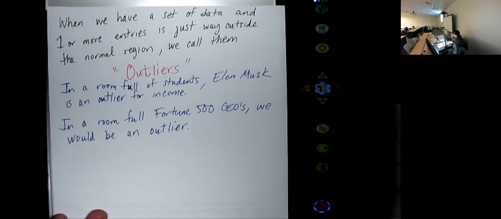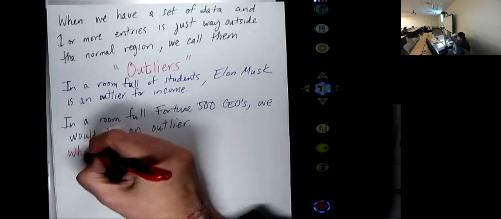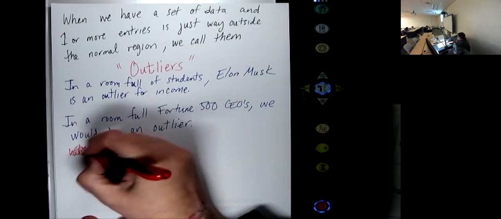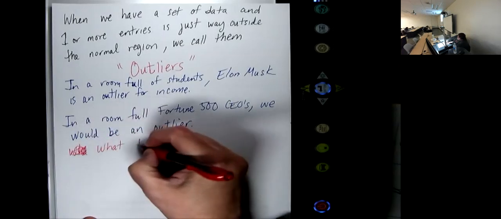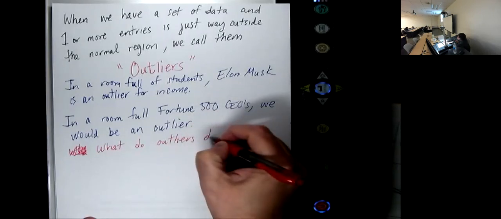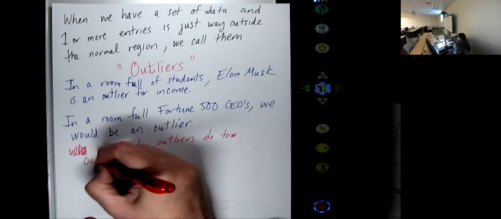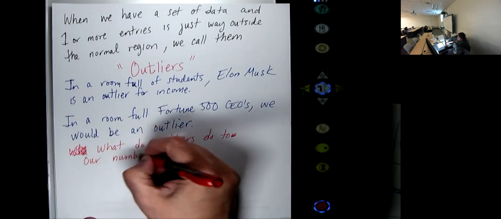So outliers. What do outliers do to our numbers? Like our mean and our median.